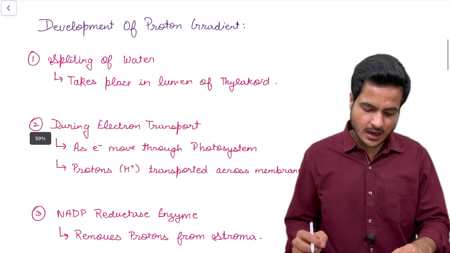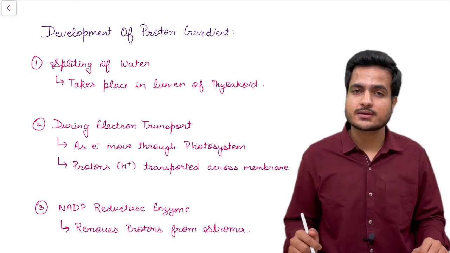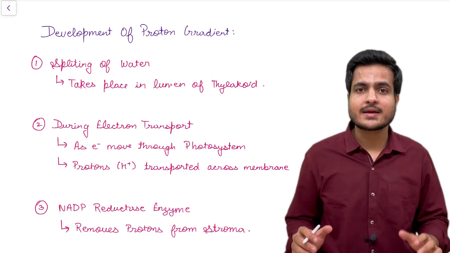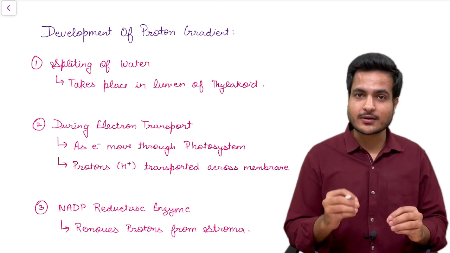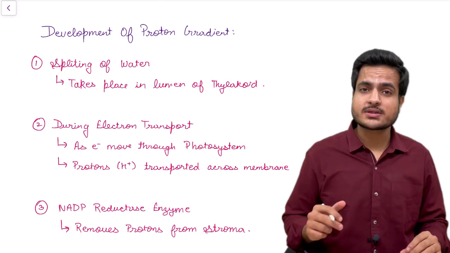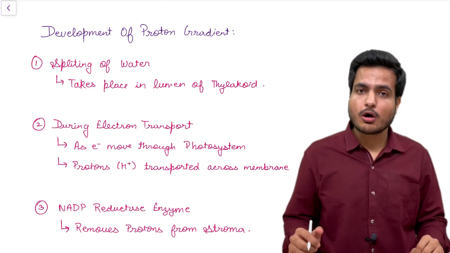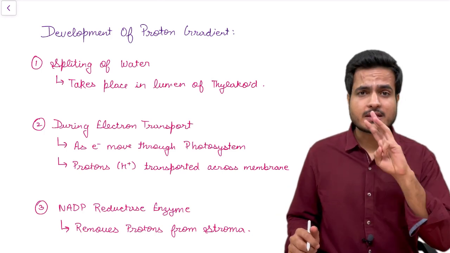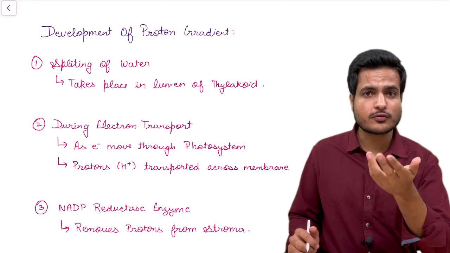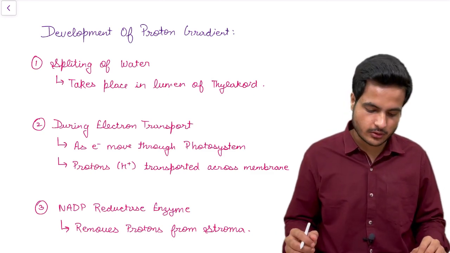Now let us see how the development of the proton gradient in photosynthesis occurs. We have by now come to know that in respiration these protons were accumulated between the two membranes of mitochondria. But in photosynthesis the protons are accumulated inside the lumen of the thylakoid. There are three important processes which lead to the accumulation of hydrogen ions inside the lumen of the thylakoid.